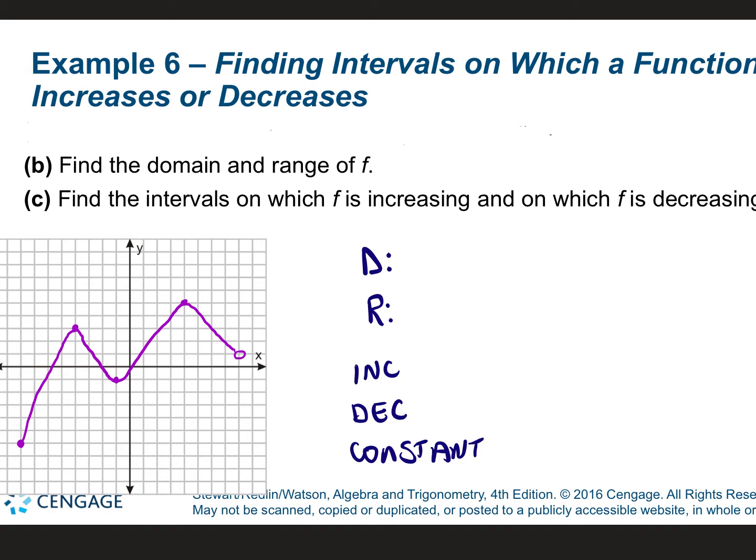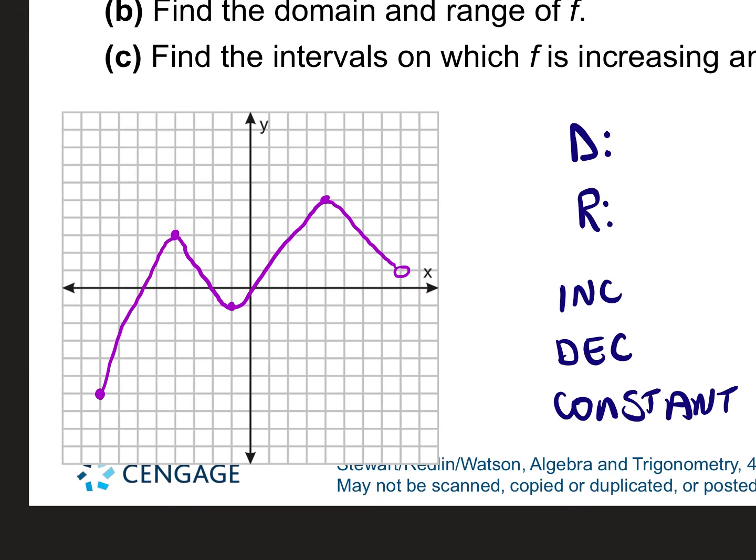So if we look at our domain from this graph, what are the x values that are being covered? The lowest x value that's being covered is -8. Oh, sorry, not negative infinity. -8.